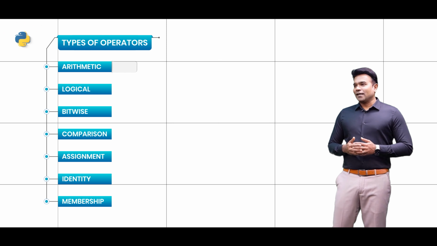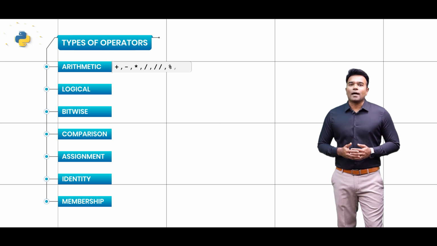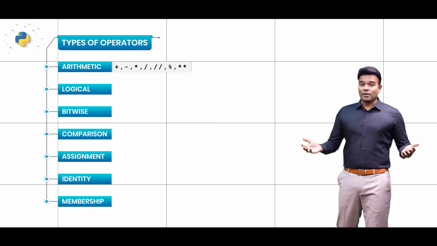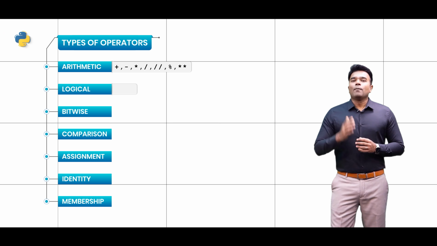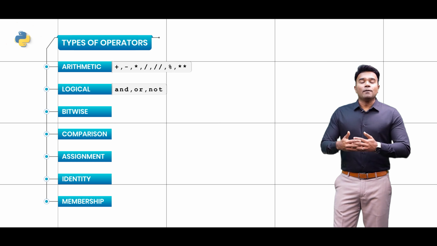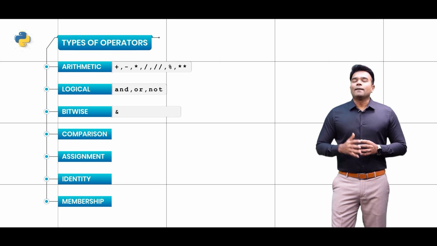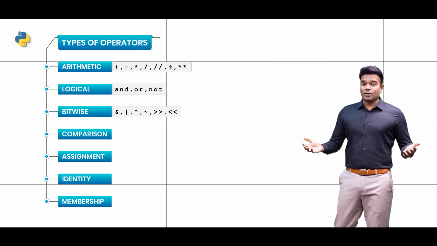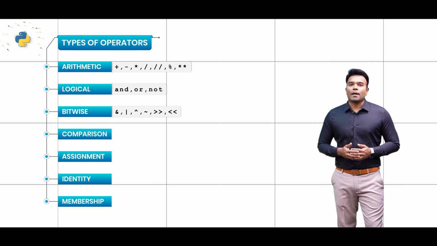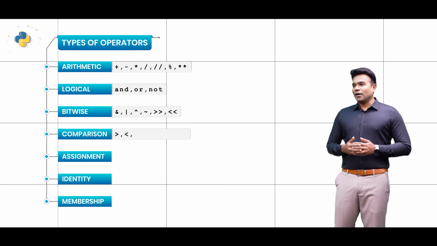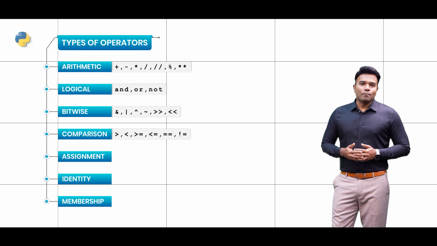Also, let me tell you that all of these operators are categorized as arithmetic operators in Python. That way, these happen to be the various logical operators supported by Python, and these happen to be the various bitwise operators that are supported by Python. That way, these are all the comparison operators in Python.